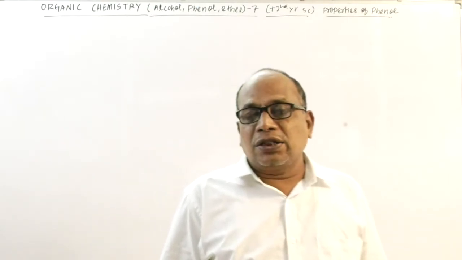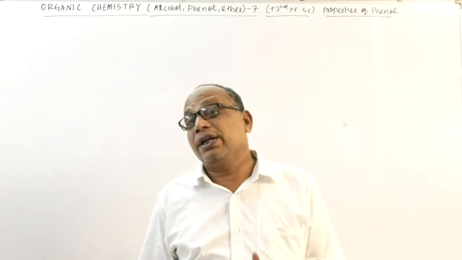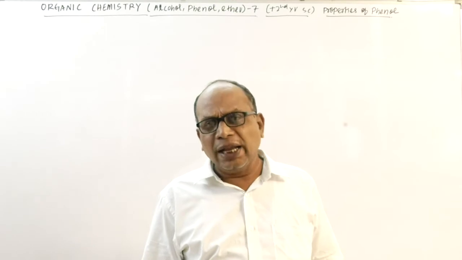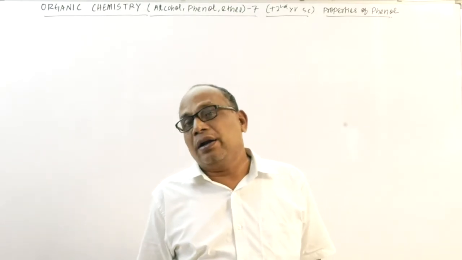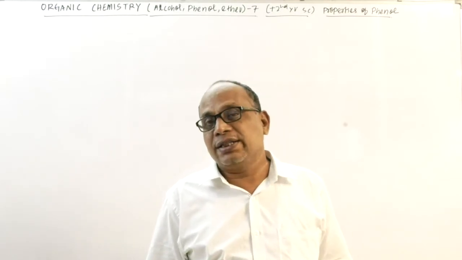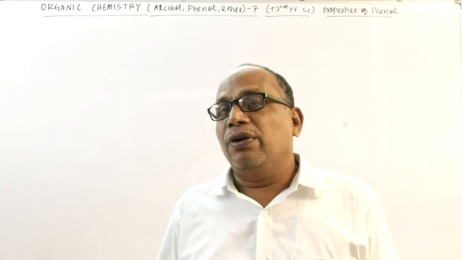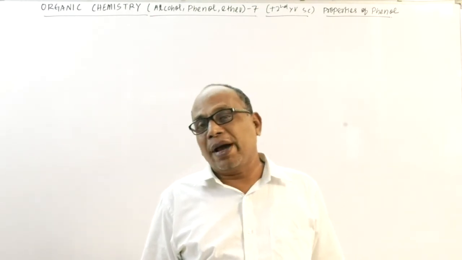Benzene on sulfonation gives benzene sulfonic acid. Benzene sulfonic acid fused with sodium hydroxide again gives you sodium phenoxide, and this sodium phenoxide on acidification gives phenol. Benzene can also be converted to phenol by the action of propene or propyl bromide.